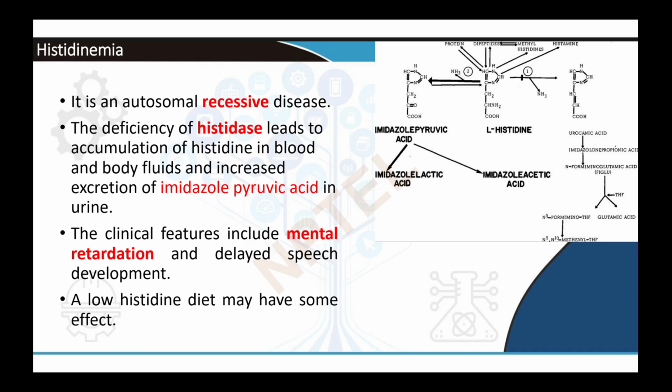Since histidine is getting accumulated, if you decrease the histidine in the diet, that might help alleviate the symptoms. Okay. So histidine gets converted into imidazole pyruvic acid, which is secreted in the urine.